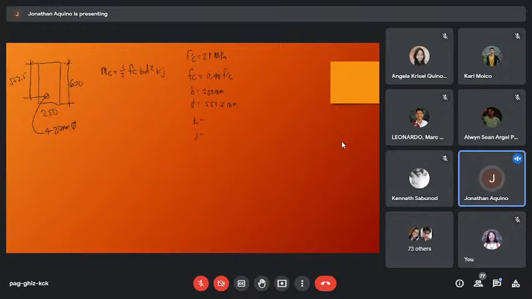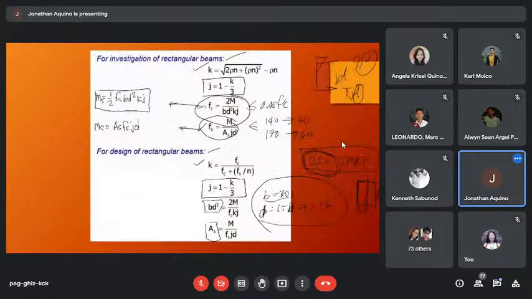So for investigation, the reinforcement and section are given. So considering investigation, the K value is K equal to the square root of 2 rho n plus rho n squared, minus rho n.